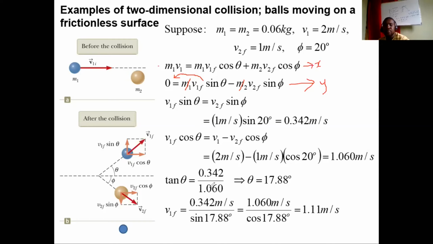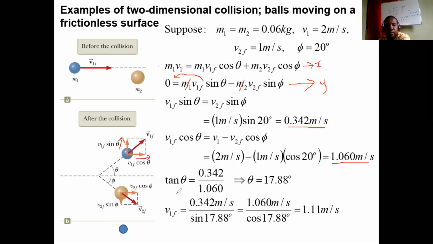We substitute the values and we get 1.060 meters per second. So what we've just found is your y component and also your x component of V1. So this here, sine, is your y component and this one is your x component, right?